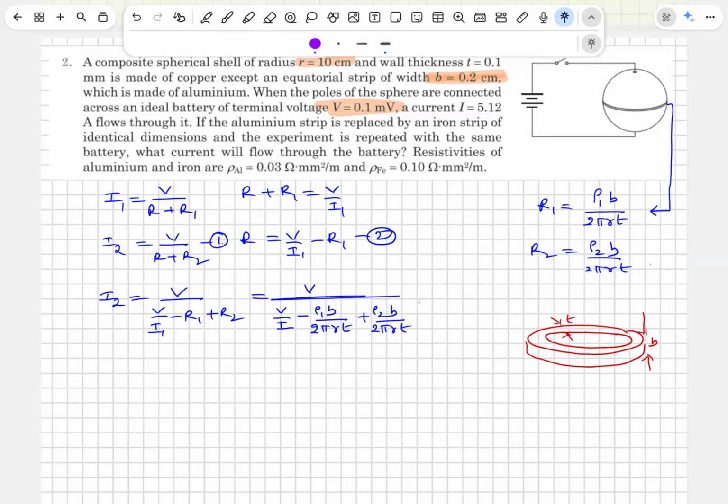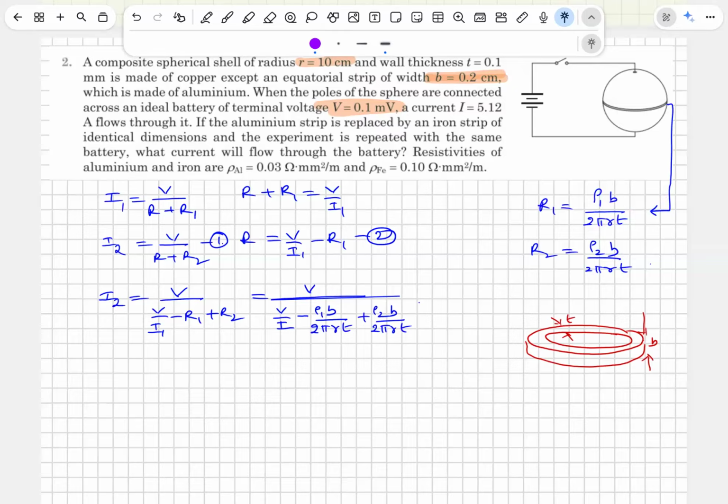Now, if the aluminum strip is replaced by another strip of a different material, the strip will have a different resistance, because except rho, the rest is the same. What current will flow through the battery?